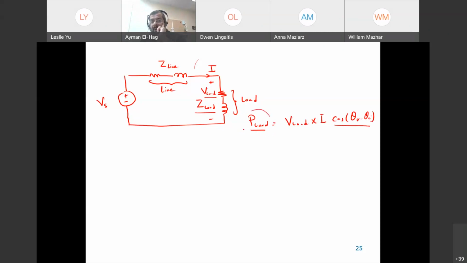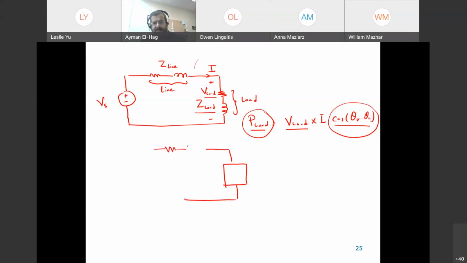And if I know P and cosine theta, the power factor, and I know V, then I can find I. So instead of giving you the load as Z, I can give you the load in this other form.